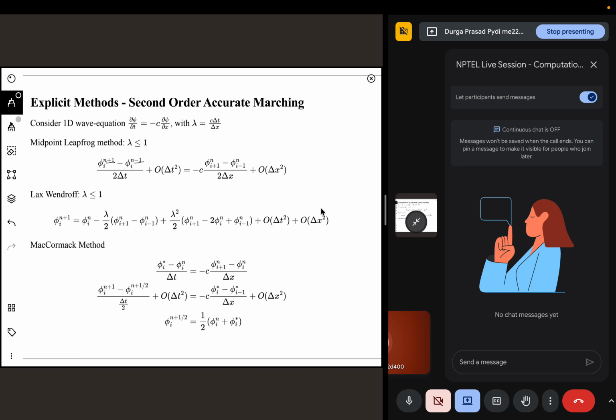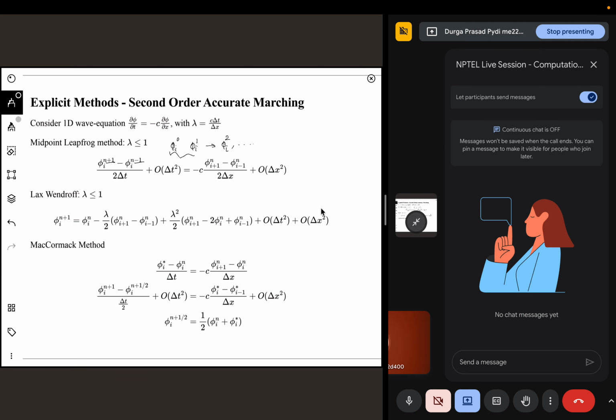The only problem with this approach is that in order to update n plus 1, we require n minus 1. Which means if I were given phi at 0 as the initial value, that would not be sufficient to calculate phi 1. I would need at least phi 0 and phi 1, then I can proceed to phi 2 and so on.